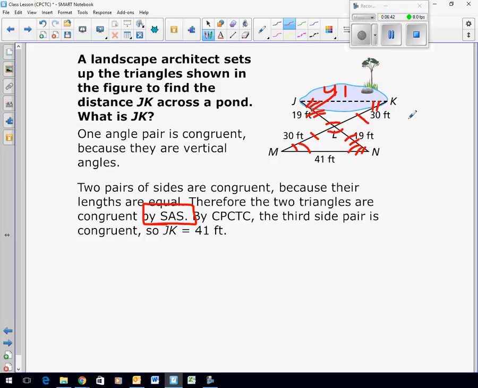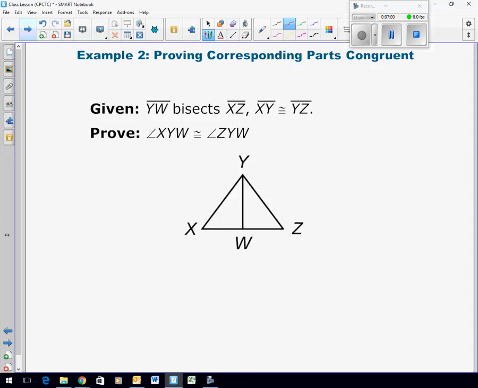All the corresponding sides and angles still need to be congruent, and CPCTC takes care of all of that. So it minimizes the amount of work you have to do in your proofs.